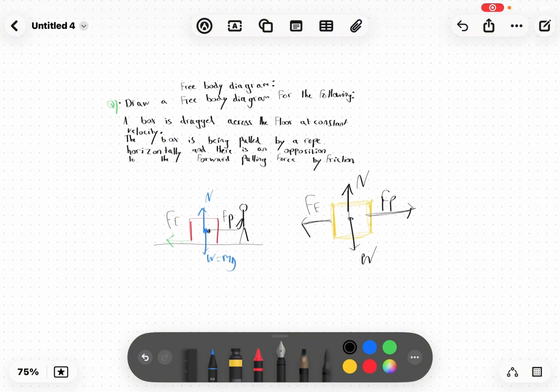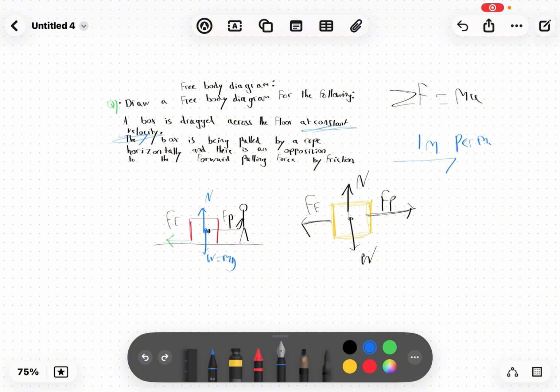And last time I said that acceleration means when it's moving, so it has some type of acceleration. Remember, forces add up equal to mass times acceleration. However, I said that in the wrong way. Over here the box is dragged at constant velocity, which means it's going, for example, 1 meter per second.